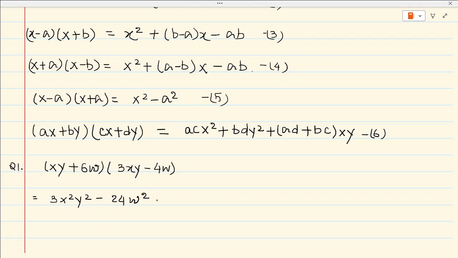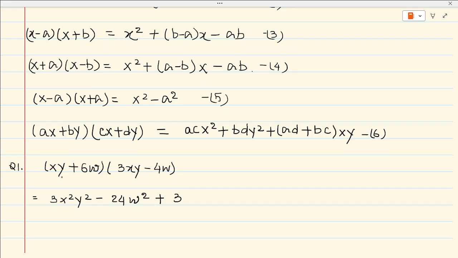Correct. Now first into last plus, see the sign always. Now put the sign here: first into last, and last into first.